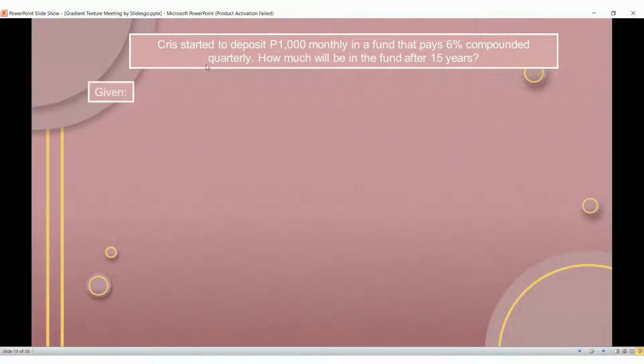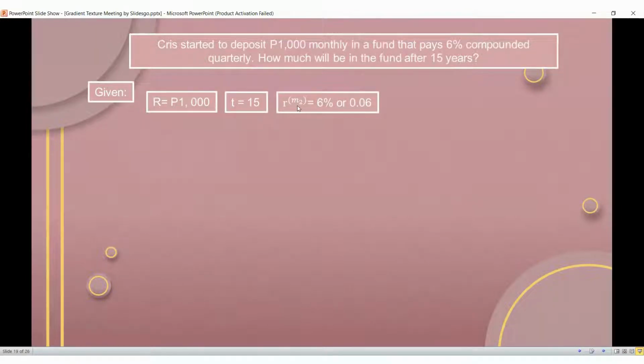Hanapin muna natin yung given. So yung R natin, yung regular payment, yan, periodic payment, ay 1,000 pesos because siya yung dinideposit monthly. Yung time natin ay 15 years. Yung r natin ay 6% or convert natin sa decimal, 0.06.